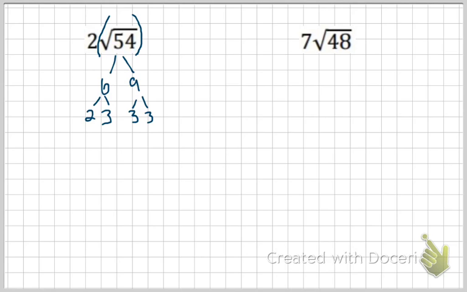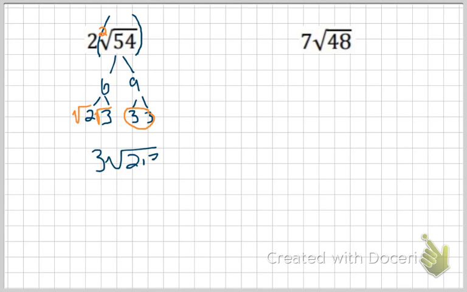Now, this is inside the radical, so we're not worried about the 2 yet. The radical has an index of 2, so there's a little 2 there. So that means pair them up. That's the only pair that we have. So that pair goes outside. This 2 and 3 stay inside the radical.